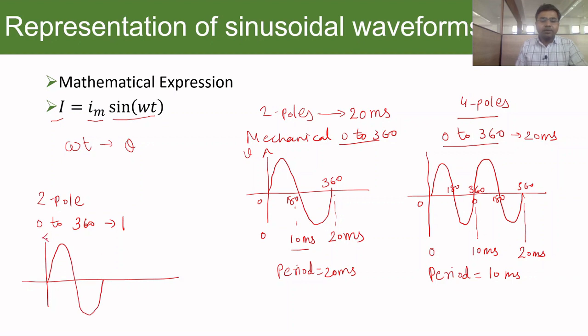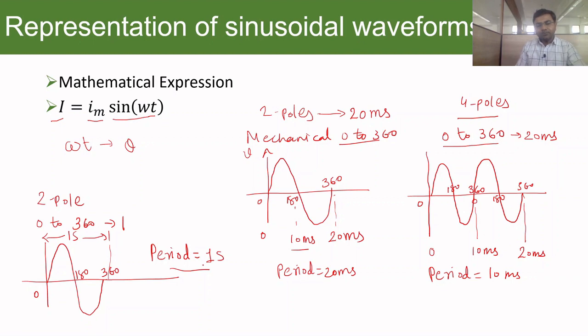So this timing will be 1 second. This is like 0, 180 and 360. One AC cycle will finish in 1 second, so the period of this AC cycle would be 1 second.